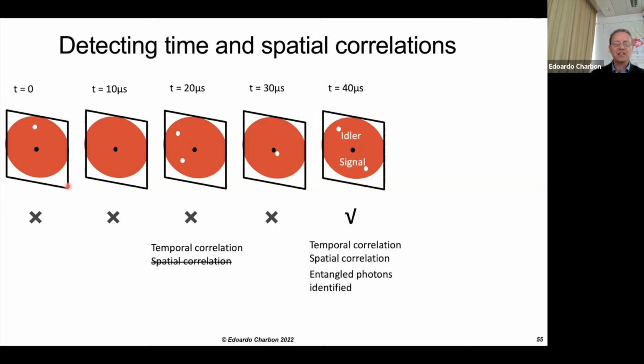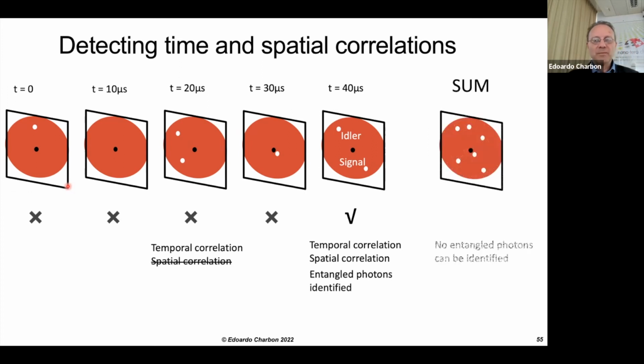I can hide that information and I can later extract it. If I don't have a very fast camera, I will not be able to distinguish the idler and the signal from all the other photons. But if I have a camera that is super fast and possibly has single photon detection capability, then I will be able to do that.